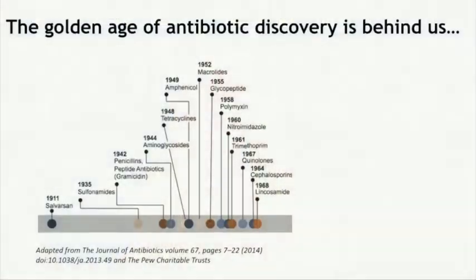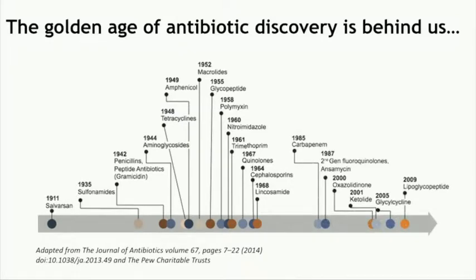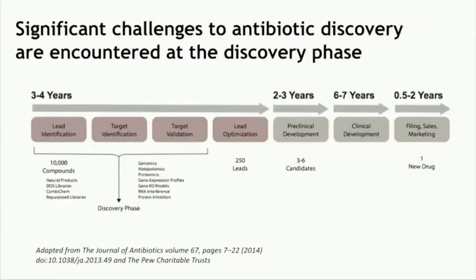Now, it's been widely acknowledged that the golden age of antibiotic discovery is behind us. All of the naturally derived antibiotics that exist in the world today have been discovered, and with chemistry, we've been able to modify and manipulate and tack on different chemical components that will continue to be useful in clinical practice, but the argument's been made that this pace of discovery is not enough to outcompete the bugs and their ability to become resistant to our mechanisms.